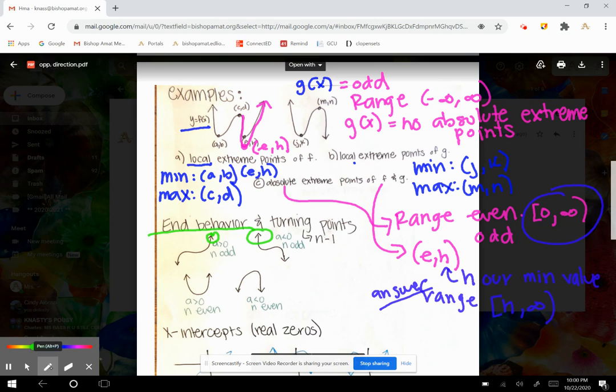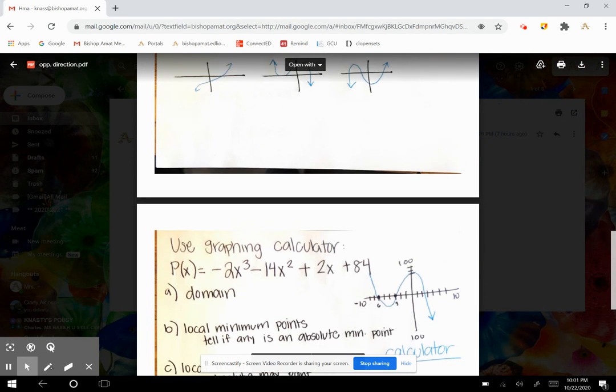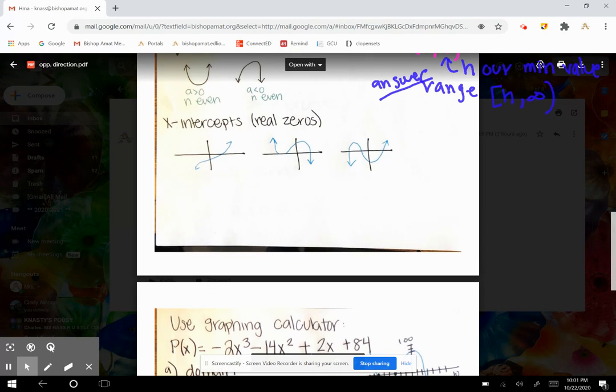Now let's look at what it looks like for even. If A is greater than 0 and your degree is even, then it's up. And if A is less than 0 and N is even, your graph is going down, which we know from quadratic functions. We're just not as familiar with x cubed. Okay, x-intercepts, that's just when the graph hits the x-axis.